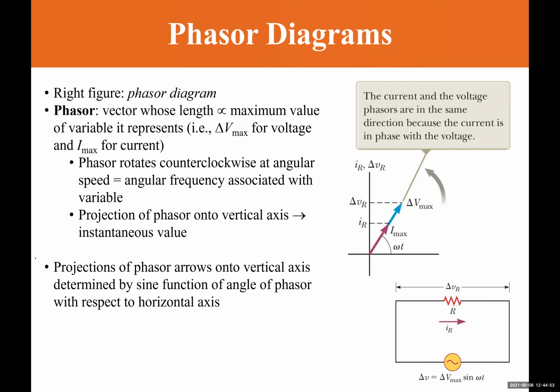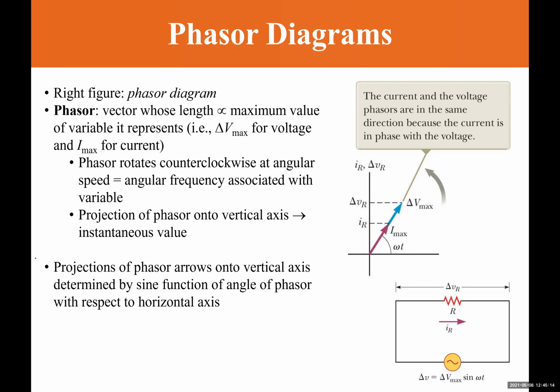Another tool that we can use to help us understand this AC circuit a little better is known as a phase diagram, or phasor diagram. The phasor diagram is a vector. Remember, we're dealing with potential and current, and those quantities are scalars.